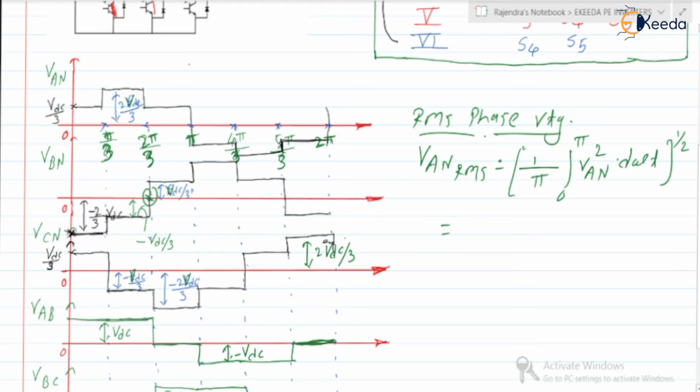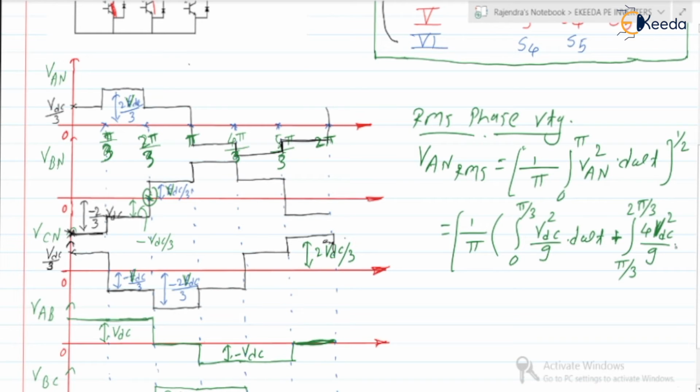This can be written as 1 by pi times the integration over 0 to pi by 3 of VDC square by 9 d omega t, plus integration from pi by 3 to 2 pi by 3, where the value is 2 VDC by 3, so 4 VDC square by 9 d omega t, plus integration from 2 pi by 3 to pi, again VDC square by 9 d omega t, all to the power 1 by 2.